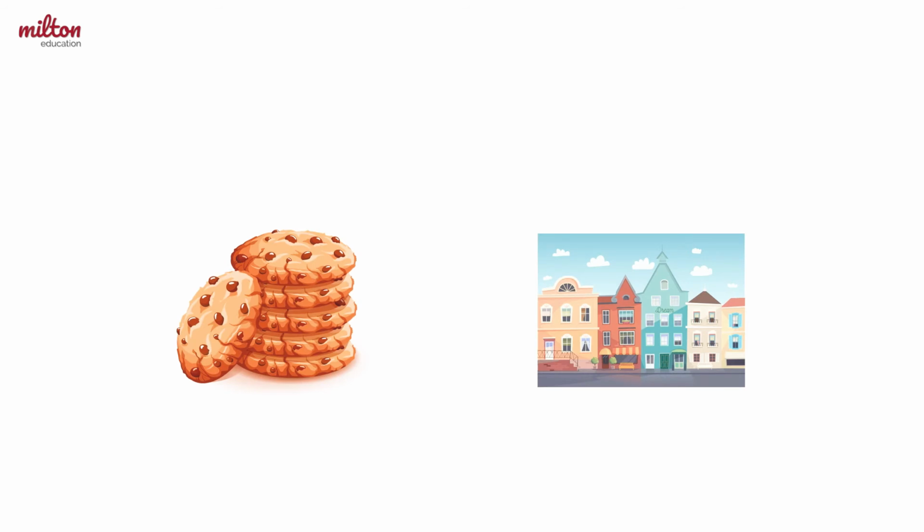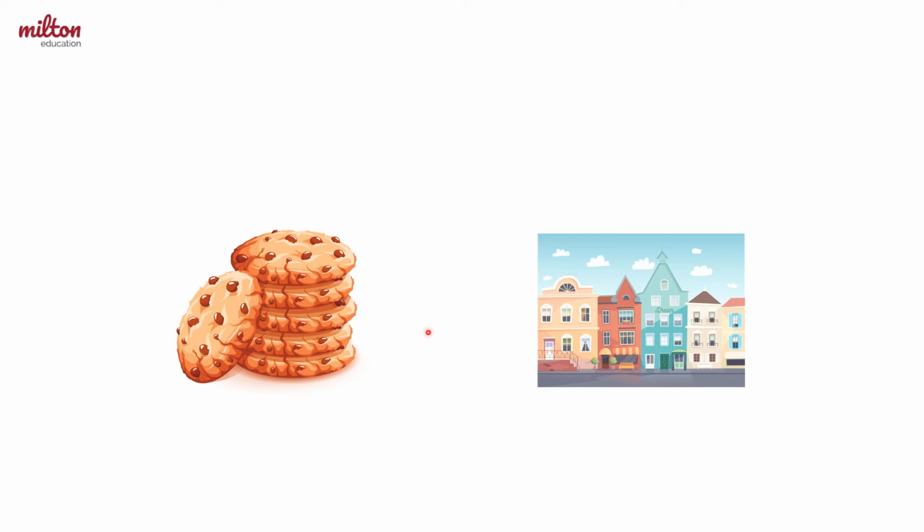Now, you might think that all silent letters are consonants because so far, all of the examples we've looked at were consonants. But in this example, it's not a consonant, it's a vowel. Can you guess? What are these? Biscuits. And what are these? Buildings. Biscuits, buildings. Can you guess what the silent letter might be?